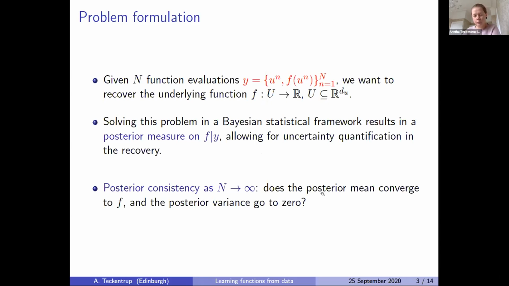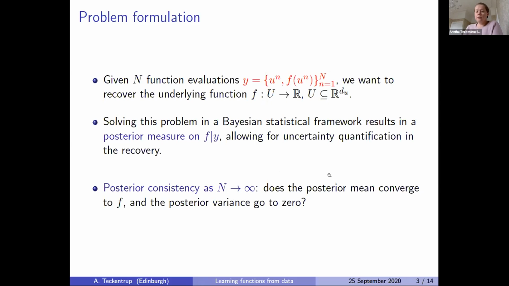I'm going to look at whether the mean of my posterior, so the mean of this posterior distribution that we have on f given y, converges to the true function f, and whether the posterior variance goes to 0. What this would mean is that the posterior measure, the probability measure that you have on f given y, contracts around the true function f as n tends to infinity.